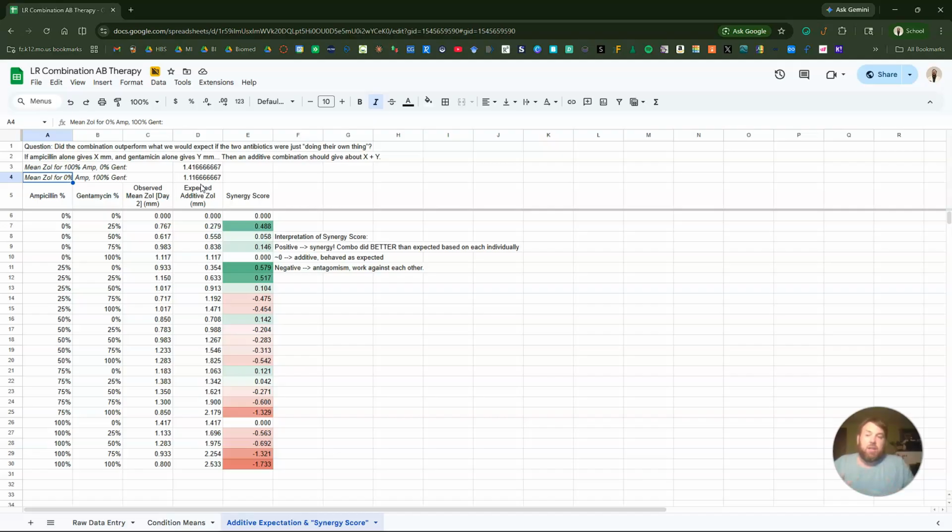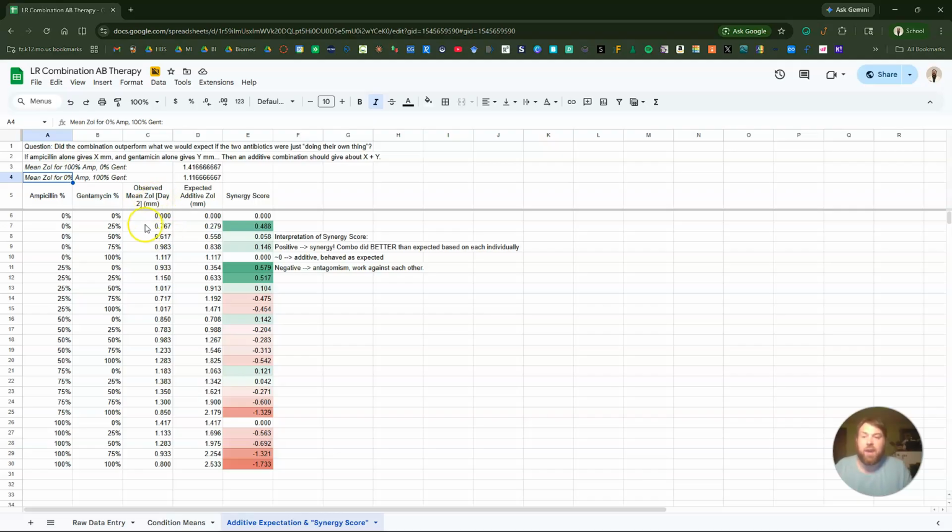And we can actually use that to determine the score of how they would have been versus how they actually were. So the expected would be based on the concentrations of the two and how much were actually happening. But the observed is what you actually got, the data that you actually got.